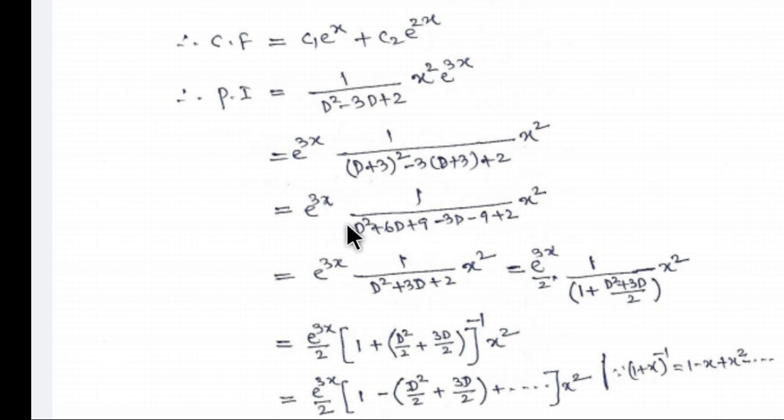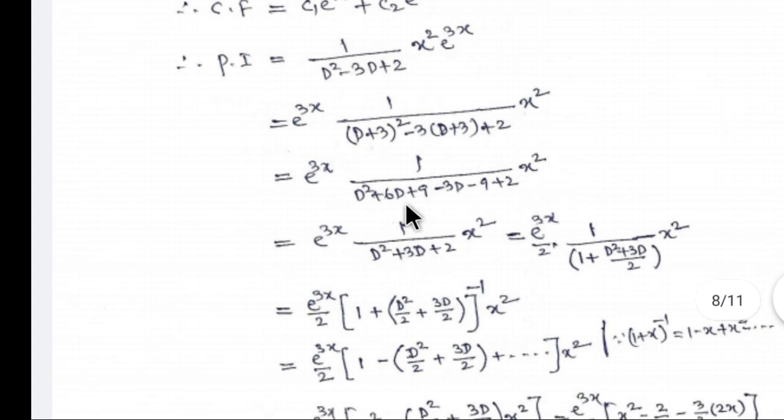Then e raised to 3x, you simplify this denominator: 1 by d square plus 6d plus 9 minus 3d minus 9 plus 2, operating on x square.